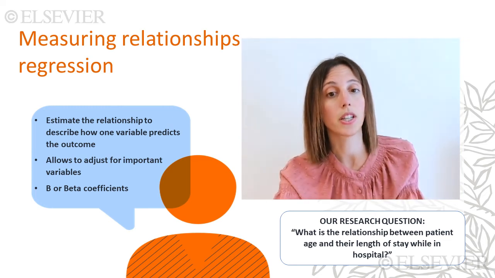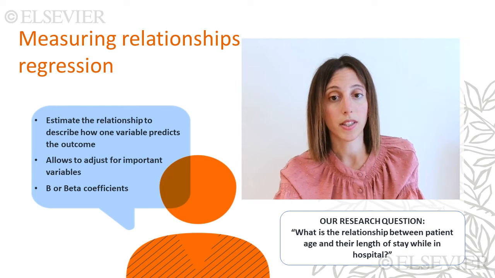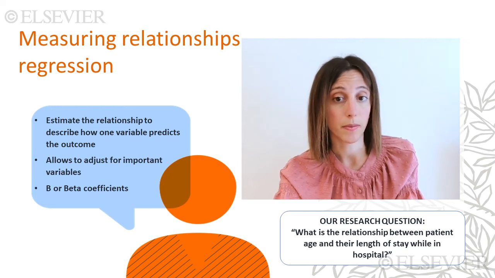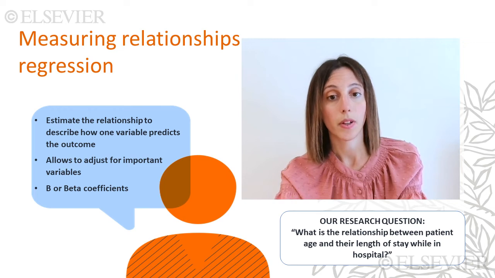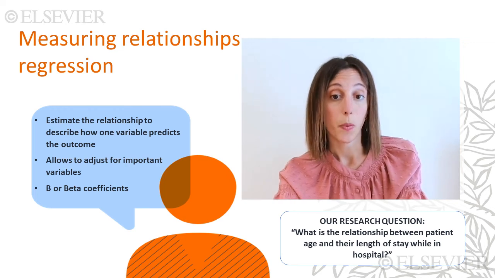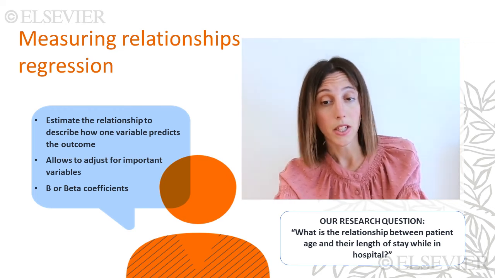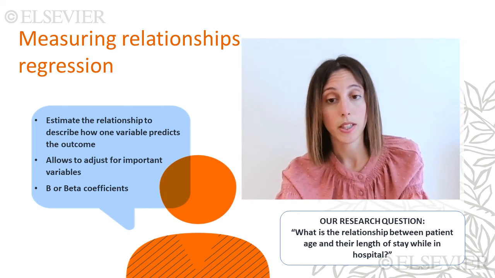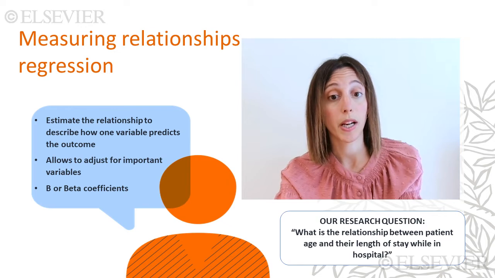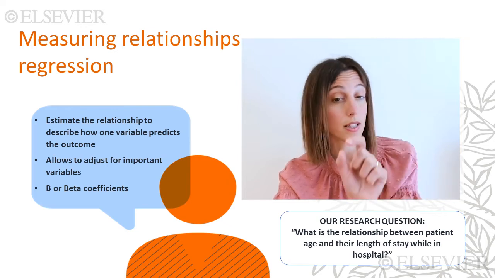So the coefficient tells you how much length of stay is expected to increase if the coefficient is positive, or decrease if the coefficient is negative, when the independent variable, age, increases by 1 unit. In our case, the coefficient is positive, so it indicates how much length of stay will increase when age increases by 1 unit.